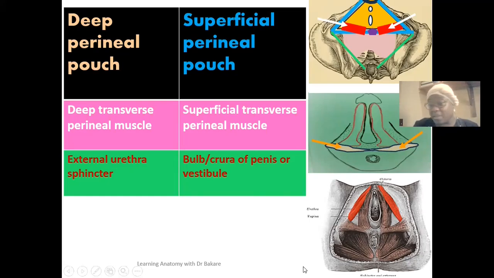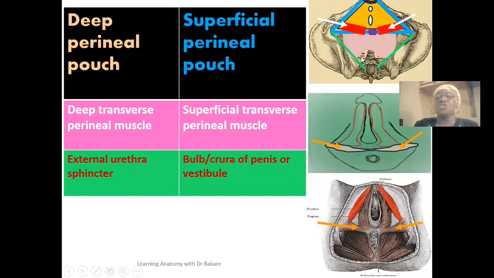Also in the female, if you try to use this lower image, this is where we have the superficial transverse perineal muscle. We have one on this side and the other one on the other side. Of course, it takes the same orientation as what is presented in the male. So you see that in the deep perineal pouch, we have the deep transverse perineal muscle, while in the superficial perineal pouch, we have the superficial transverse perineal muscle. And we've tried to explain how they are placed within these two pouches.